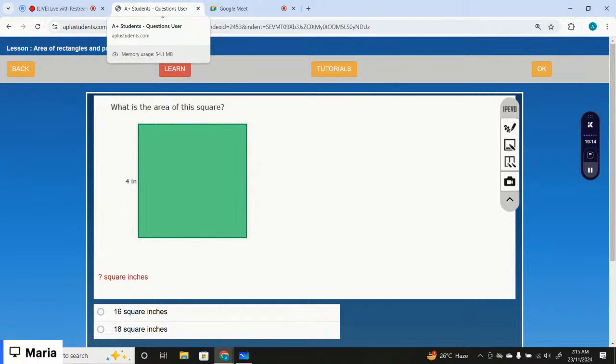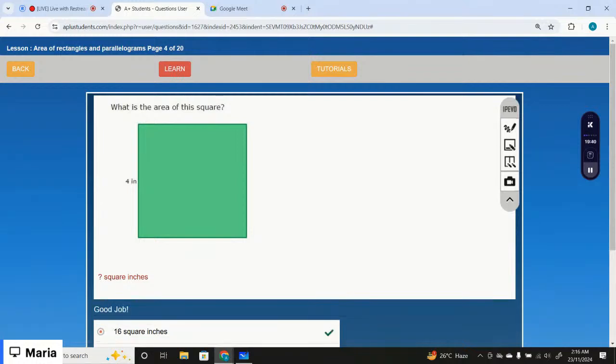What is the area of the square? So, which is the correct option? That is 16 square inches. Option number 1 is the correct option.